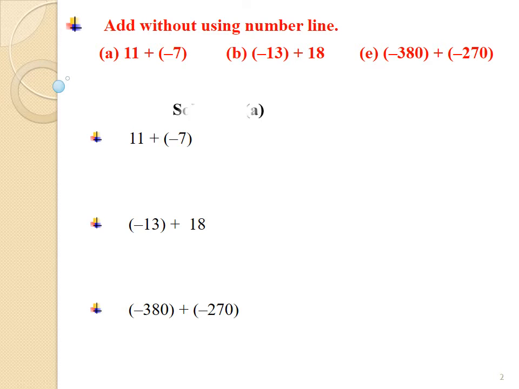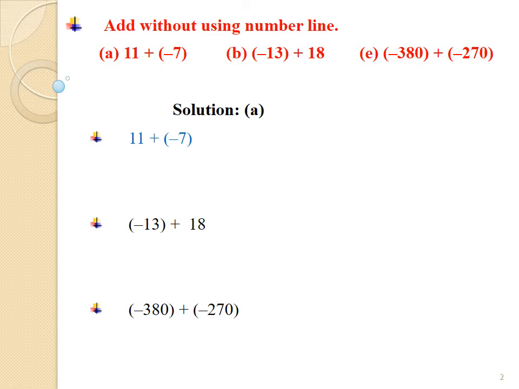Sum A. 11 plus minus 7. Students, in this sum there are two integers. One integer is positive and one integer is negative. That is, 11 is a positive integer and minus 7 is a negative integer.